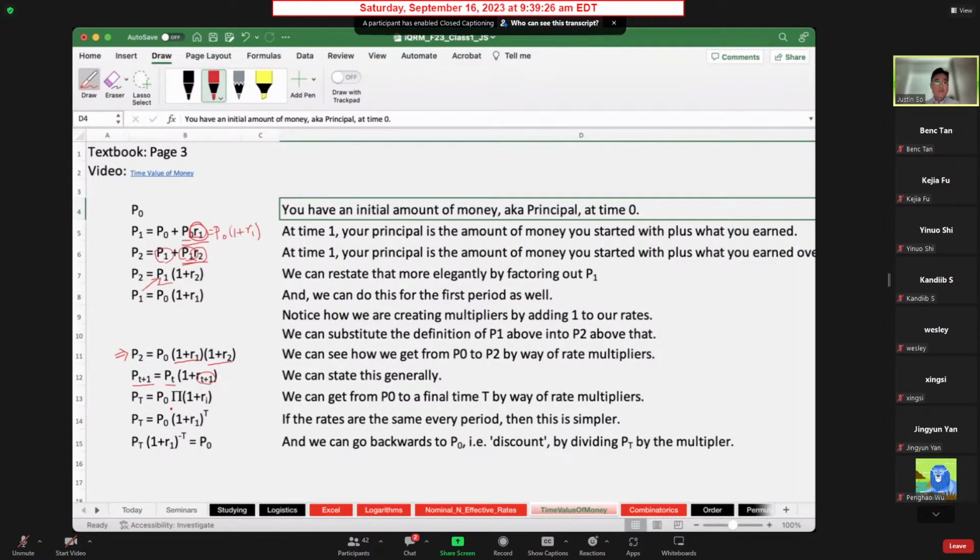So now, if you generalize further, P sub capital T, where this T stands for just any time in the future, and start from the principal amount, right?